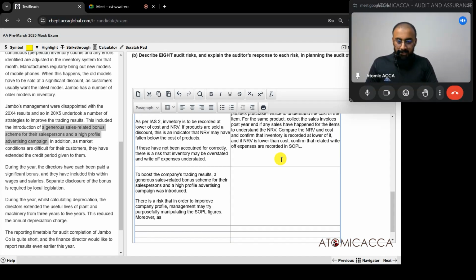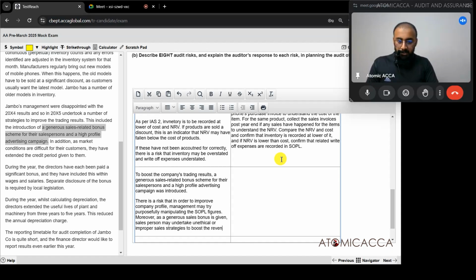Moreover, as a generous sales bonus is given, salespersons may undertake unethical or improper sales strategies to boost the revenue.